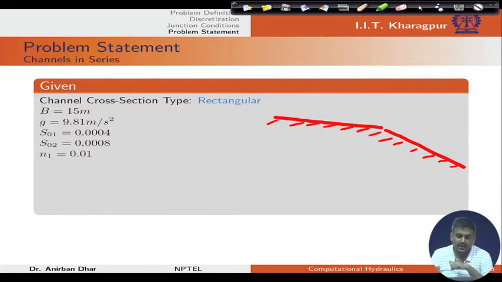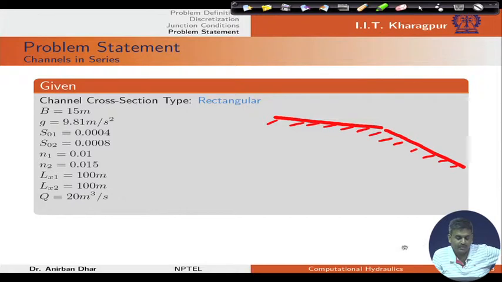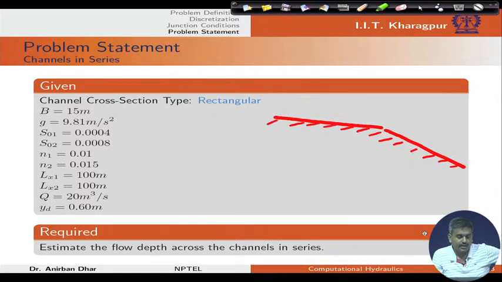Next is N1, N1 is 0.01, N2 is 0.015, Lx1 is 100 meters, Lx2 is 100 meters, Q is 20 meters cube per second, and Yd is 0.6 meters. Required: estimate the flow depth across the channels in series.